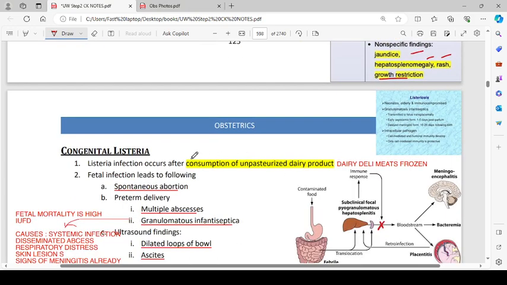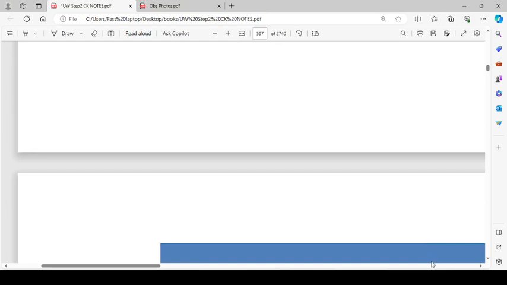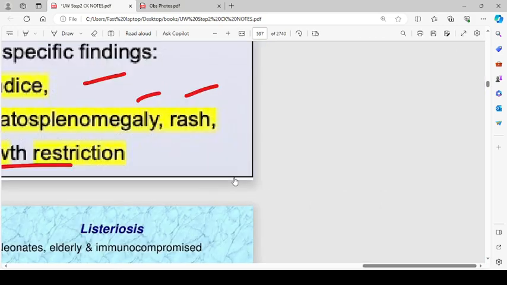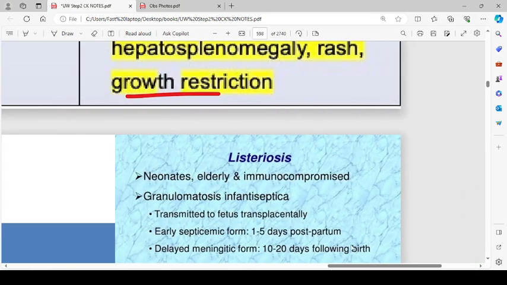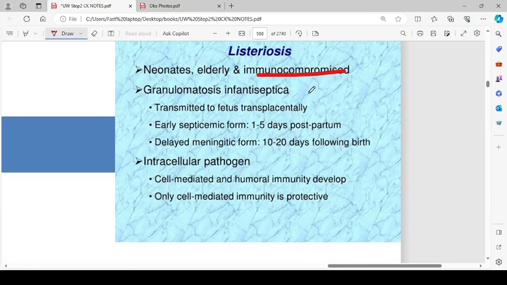So congenital listeria. There is a section in this corner about listeriosis. They are saying that listeriosis affects neonates, the elderly, and the immunocompromised, and granulomatosis infantiseptica is transmitted to the fetus transplacentally.